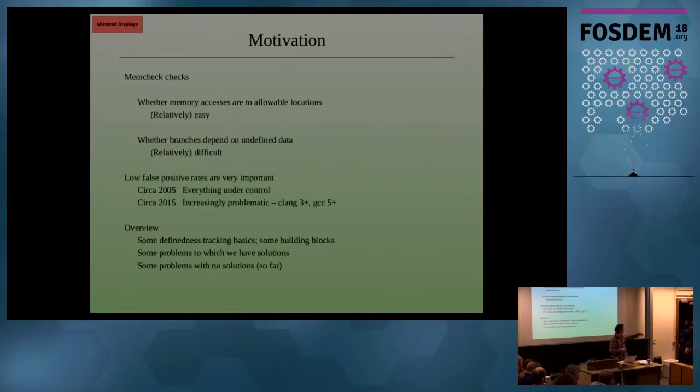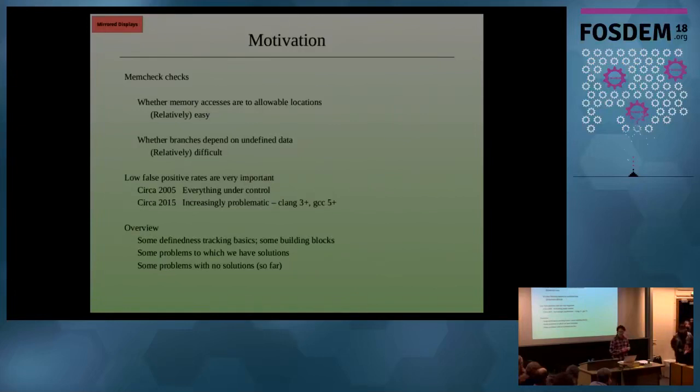So basically Memcheck, which you may have used, does two things. It determines whether you're reading and writing in the wrong place, by checking the location of all memory accesses. That's relatively simple because there's not much ambiguity about whether a place is okay to read or write. You know where the bounds of the heap blocks are.